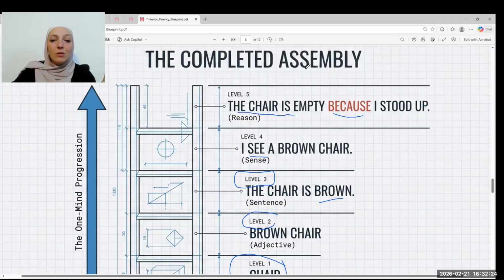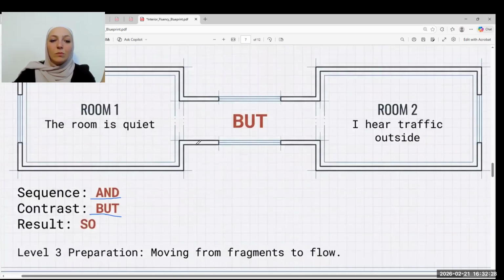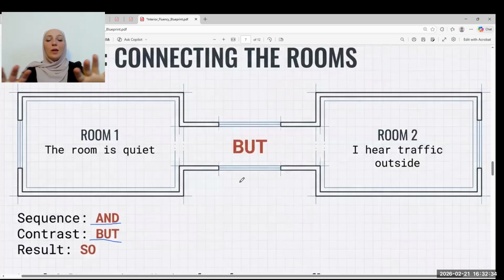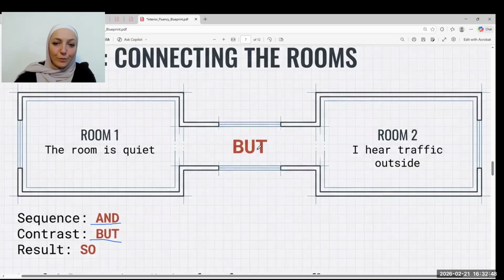So instead of because, with level 5 you can add the connectors, and, but, so, or because. For me, when I gave you the whole structure for this picture, I feel tired because I woke up early, but I'm very happy that I'm talking to you. عادي ضفت ال because وال connecting. You can do both زي ما بدكم.